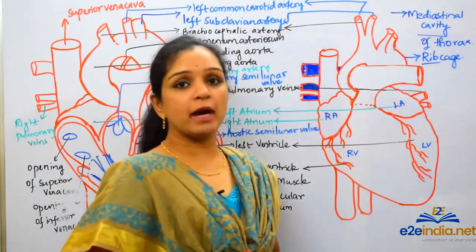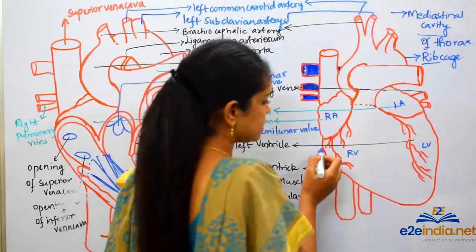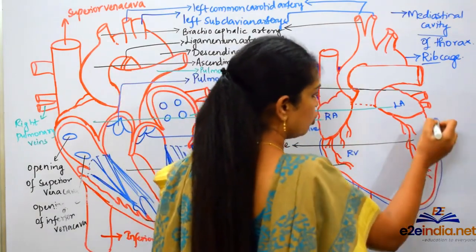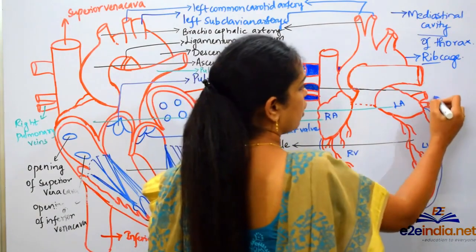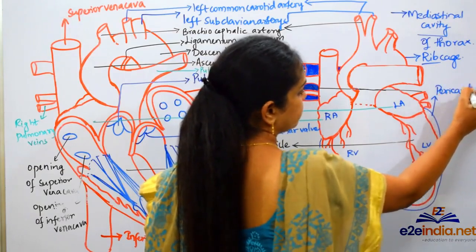It is protected by the rib cage, and when it comes to the heart alone, it is surrounded by two membranes or two layers which are called pericardia or pericardium.